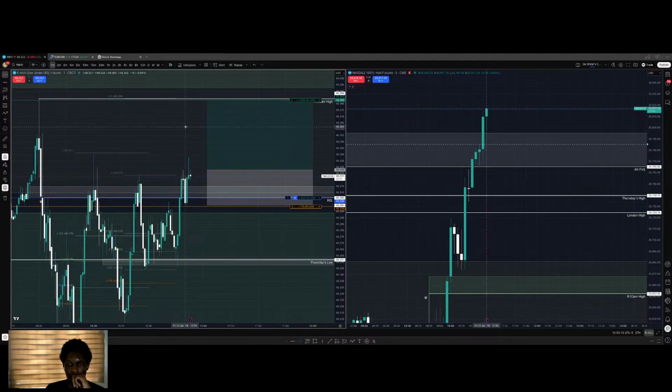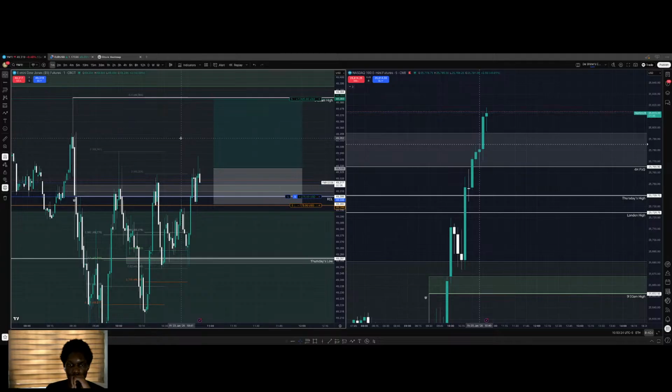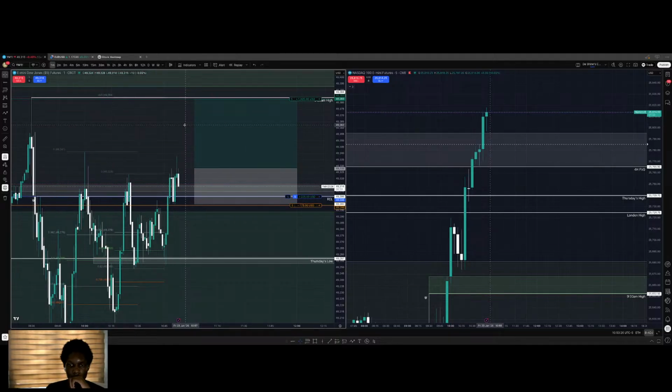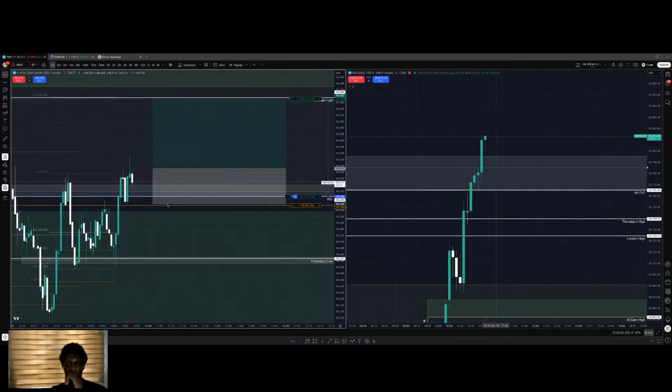So let's say if we respect this order block. Let's say we want to see price respect this order block if we're truly going.